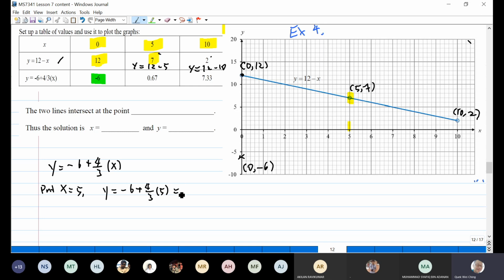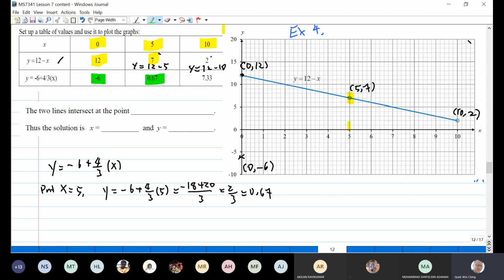So we get minus 18 plus 20, over 3, is 2 over 3, which is 0.67. Okay, that's why this number 0.67 is here. So when x equals 5, y is equal to 0.67.